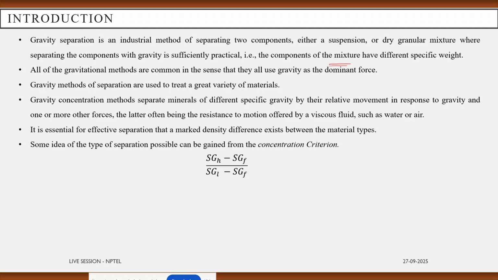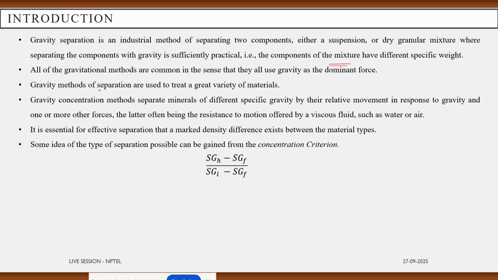All the gravitational methods that we know basically work like this: gravitational force works on mixture particles of different specific weight, and there the gravitational force is the dominant force.